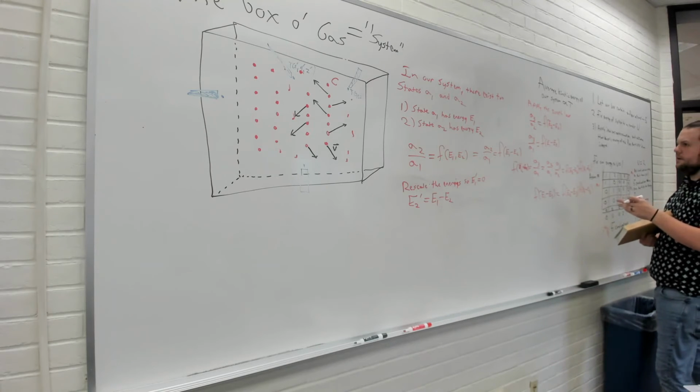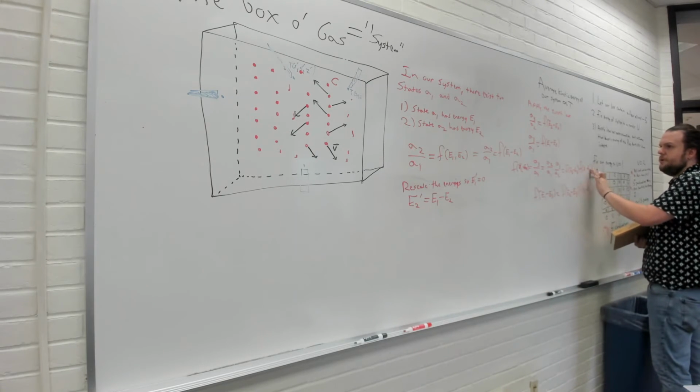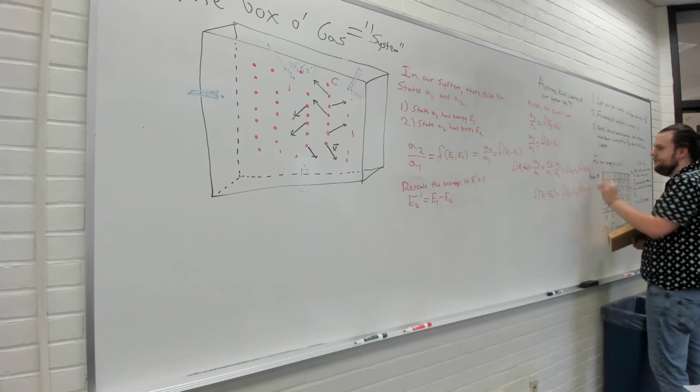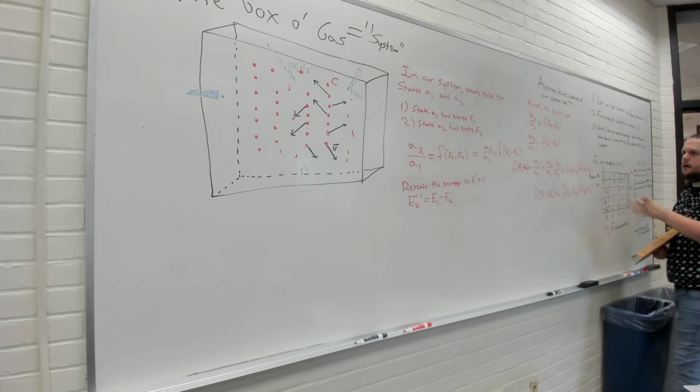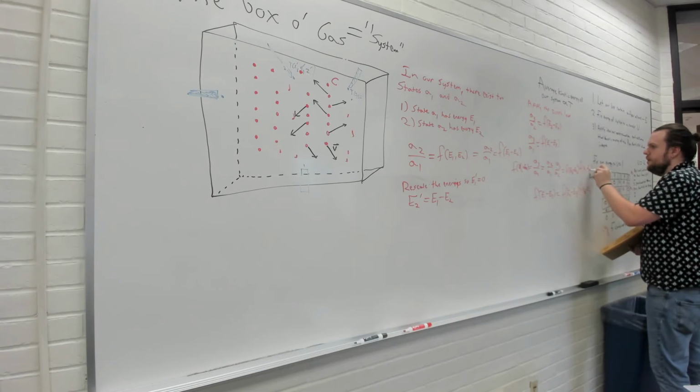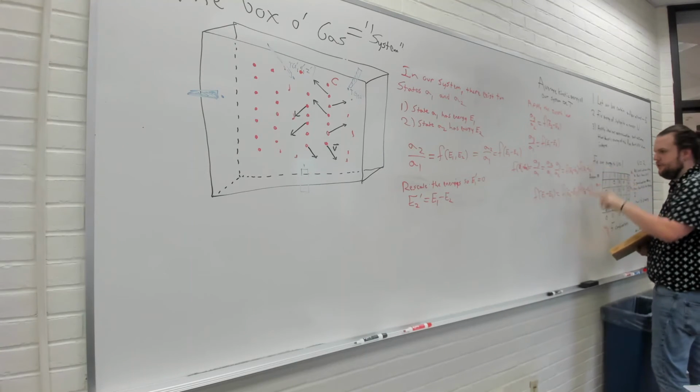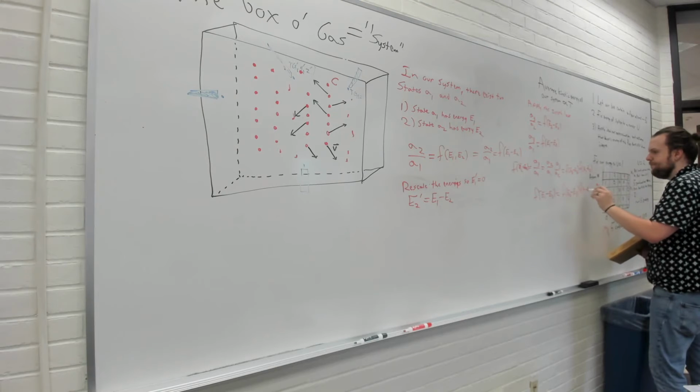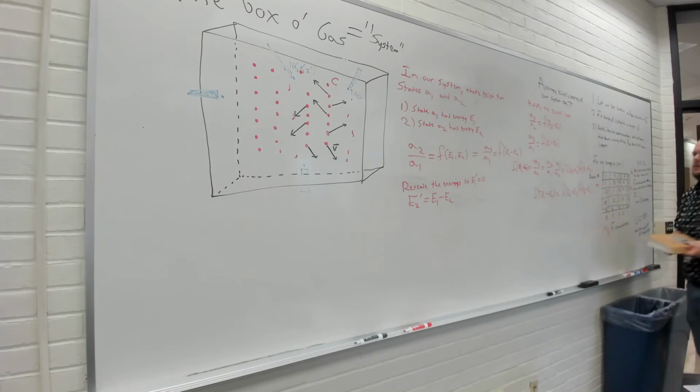Did I get that wrong? Oh, sorry. This is a bad typo on my part. 2 minus 3, excuse me. And A2 over A1. Okay, I just have bad writing everywhere here. So 2 and 3 and 1 and 2. Yeah, 2 and 3 and 1 and 2.